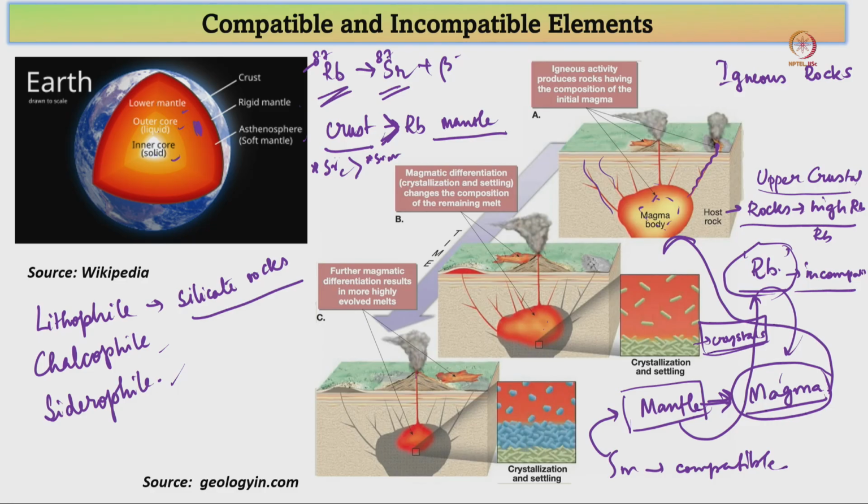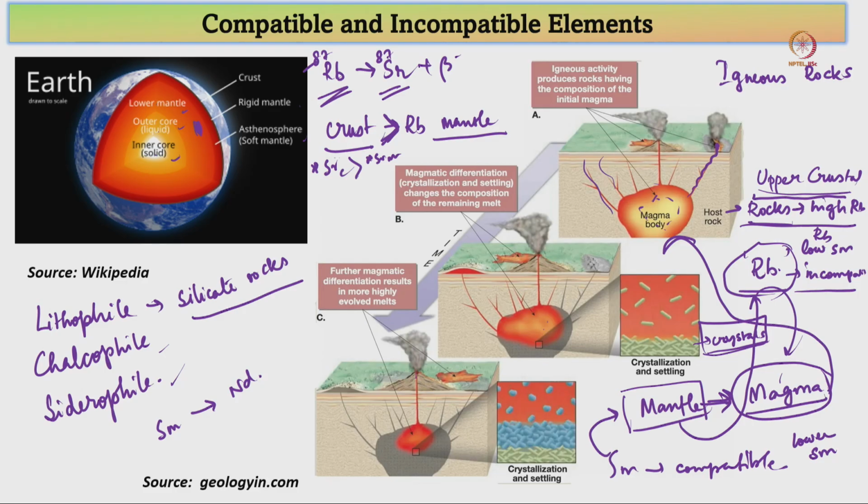So, what will happen? When this magma starts to form all the igneous rocks and the crystals, these upper crustal rocks will have a lower samarium. And you see, samarium is going to produce neodymium.